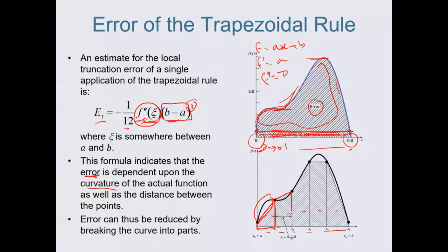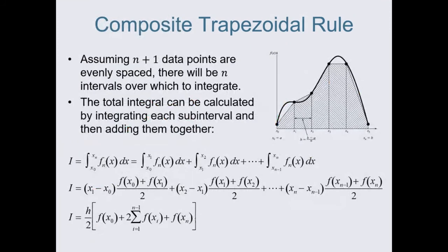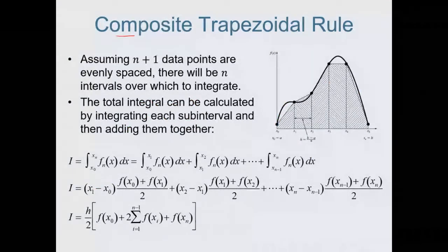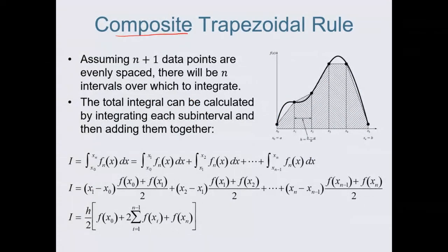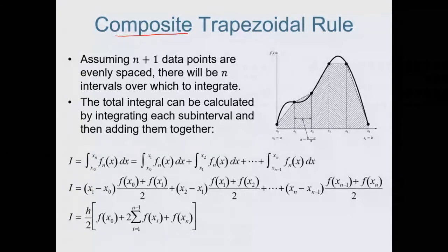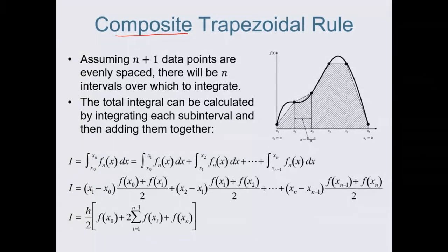You lose a bit of area here, a bit of an area here, but you are also adding some extra area here. So you can somehow try to manage the error and reduce it instead of getting such a big error like this. We call this the composite trapezoidal rule, where you are having more than one application of the trapezoidal rule at one time.